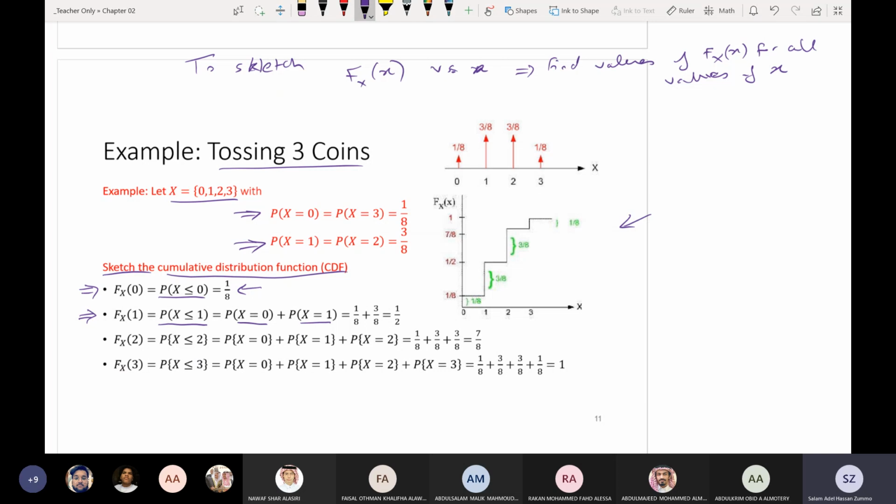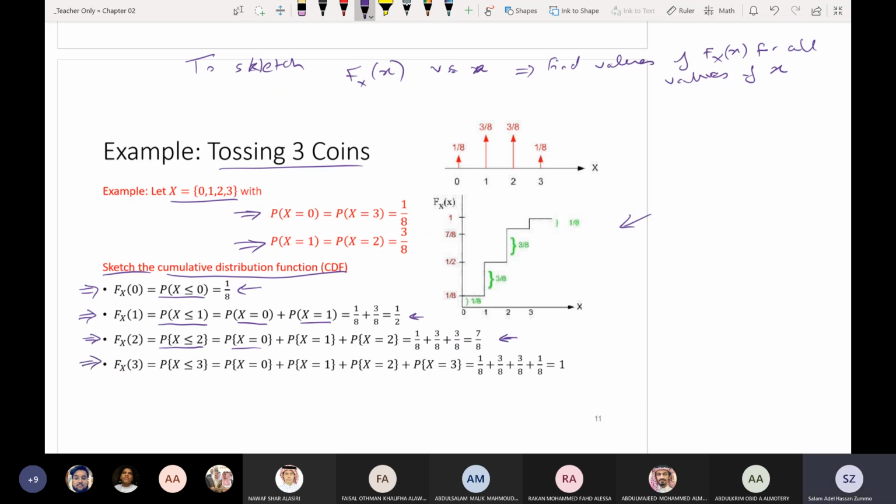And since they are mutually exclusive, we sum them, it gives us half. F_X of 2, which is by definition the probability that X is less than or equal to 2, and we have done it above, it's 7/8.